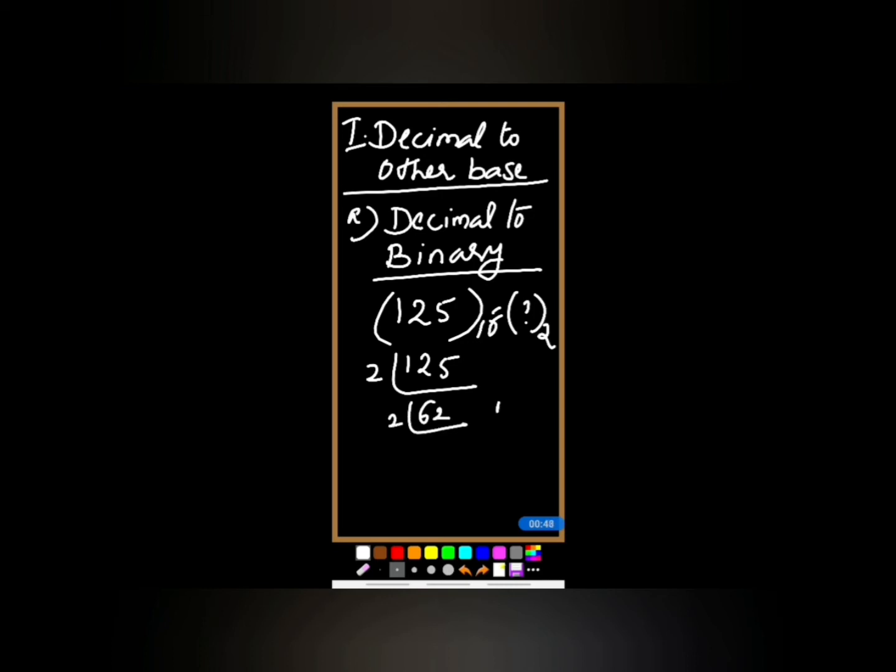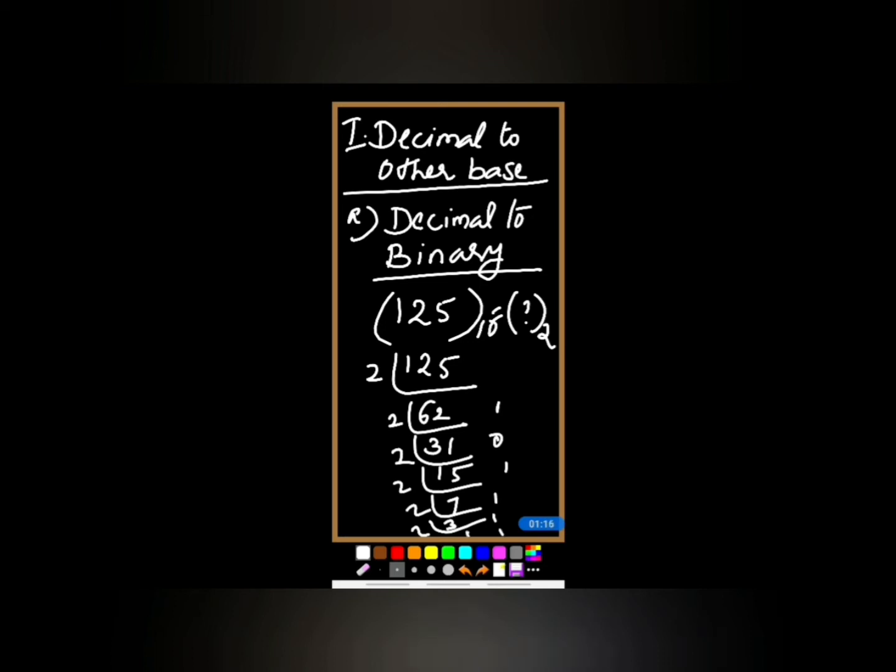Again divide by 2, I can write 31, then remainder 0. Again by 2, 15, remainder 1. Again by 2, 7, remainder 1. Again by 2, 3, what is the remainder here? 1. Again by 2, we get 1, remainder 1.